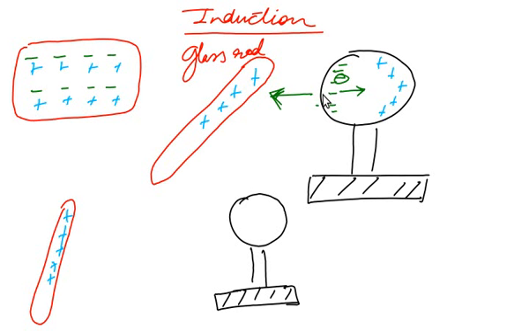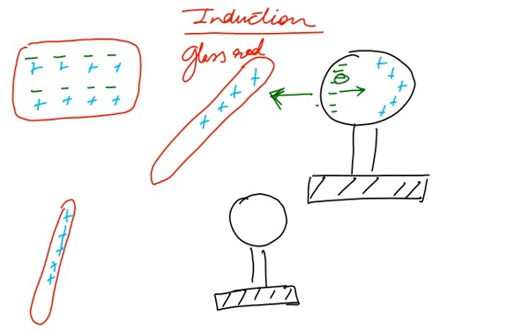So the electrons are free to move, and they rearrange themselves in the absence of any force acting on them. The metal sphere returns to its initial state of being neutral.